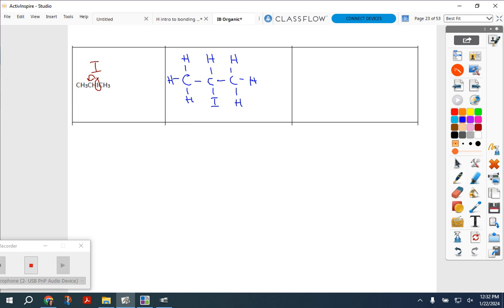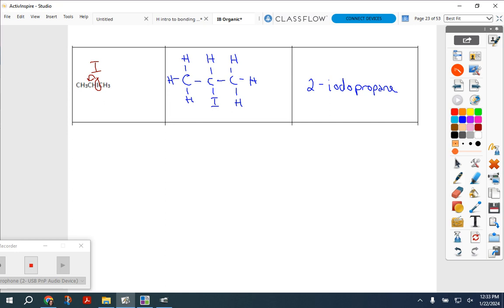So, what would the name of this substance be? And notice that if we had a double bond, when we had propene, we didn't have to specify because there was only one way it could go.